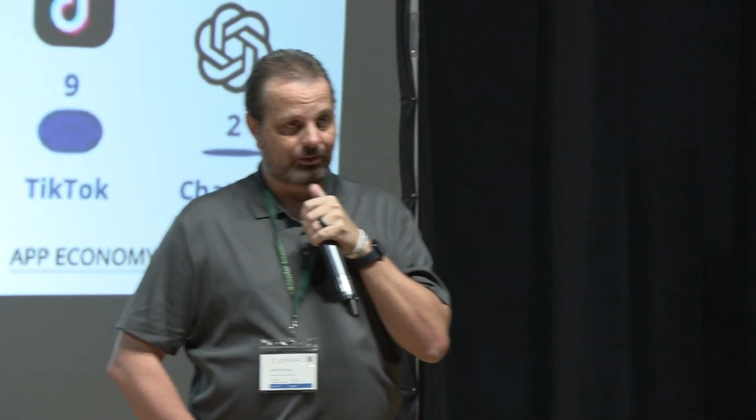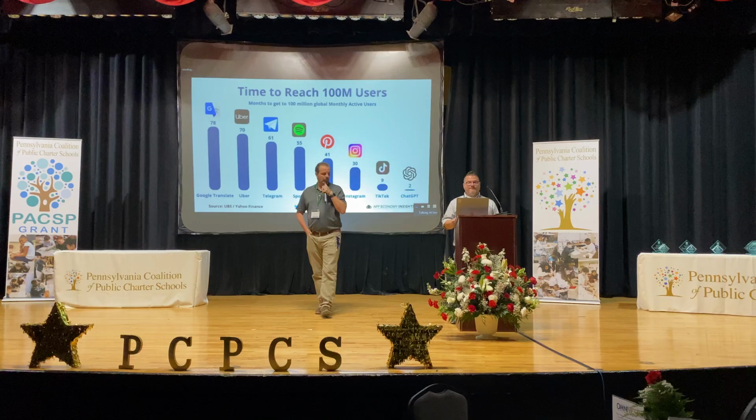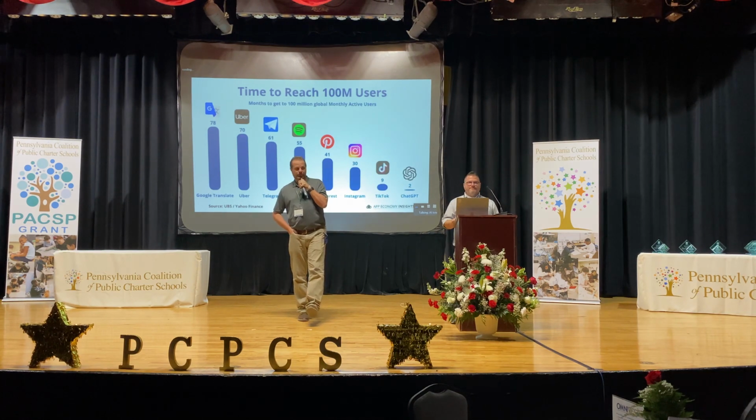But if you look at this infographic, this shows just how pervasive technology has become in our everyday lives. What you see up there is the time it took each application to reach 100 million unique active users. We started with Google Translate, which took just over 5 years to hit that mark.